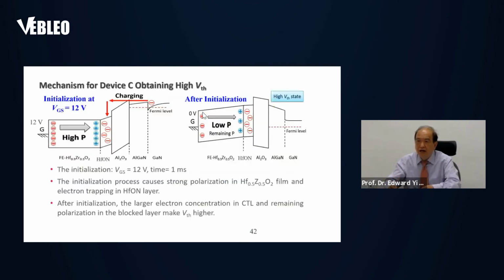Okay. And this shows how you start. You start with initiation with VGS at 12 volt for 1 second, and you call this polarization in the charge storage layers, and then that will start to sustain your polarization.